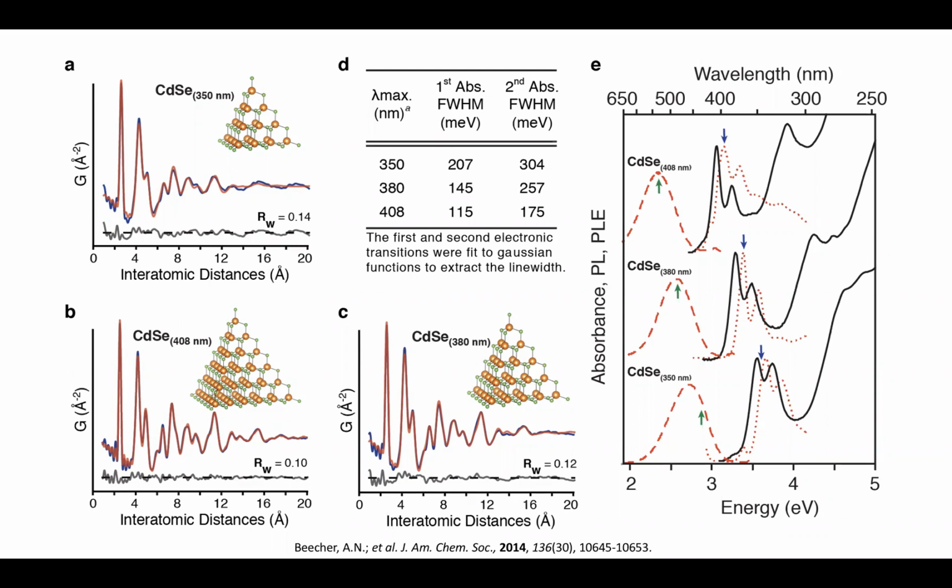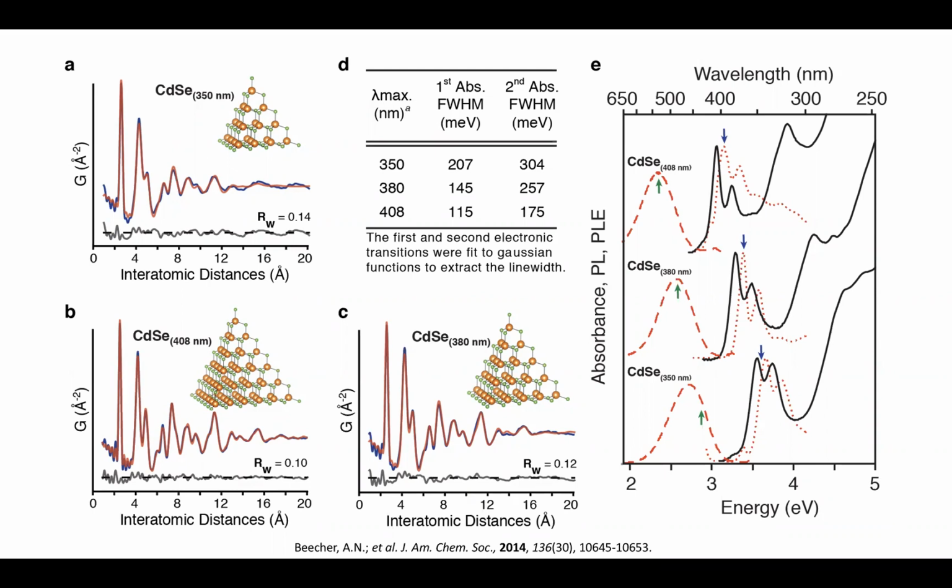This is the interatomic distance on the x-axis, and wherever you see a peak, the peak indicates that there's a high probability of finding two atoms at that separation. So this peak here corresponds to the nearest neighbor distance in this crystal. This is the second nearest neighbor. This is the third, fourth, fifth, sixth, seventh, eighth, and so on. And so this is a fingerprint of the X-ray structure.